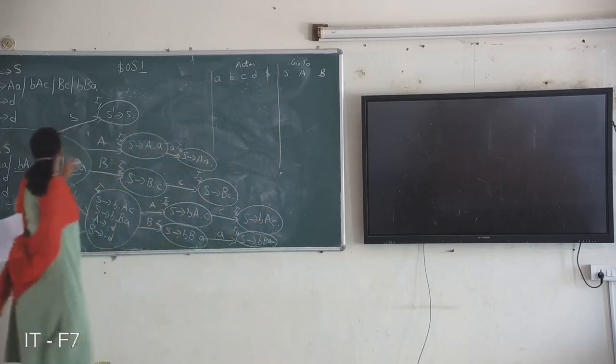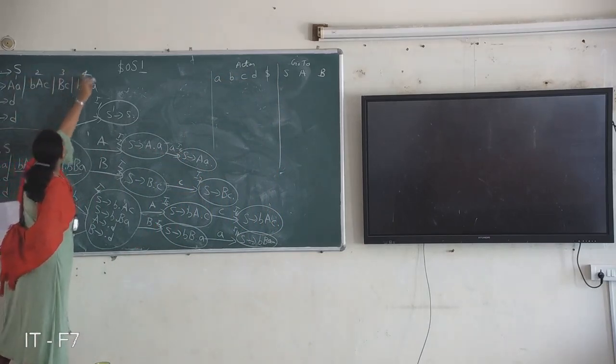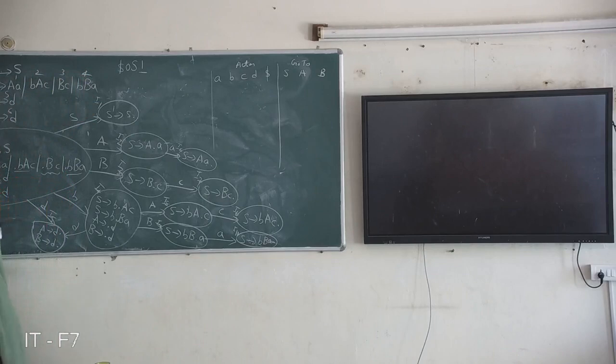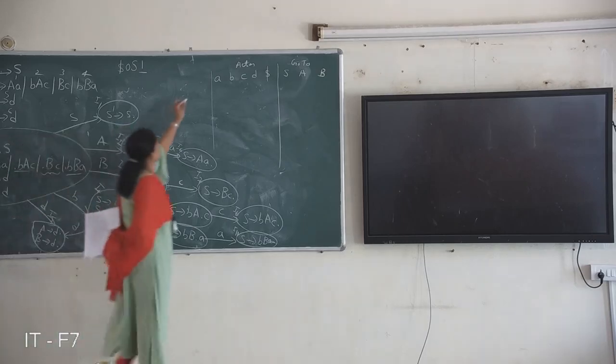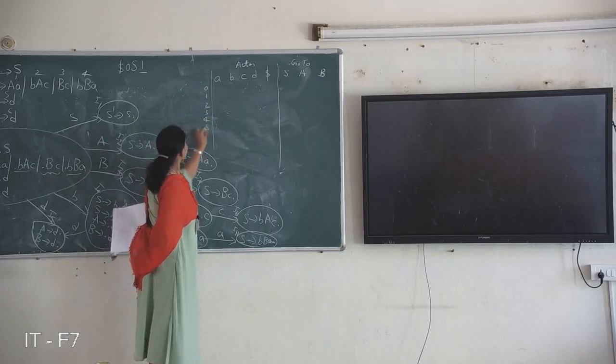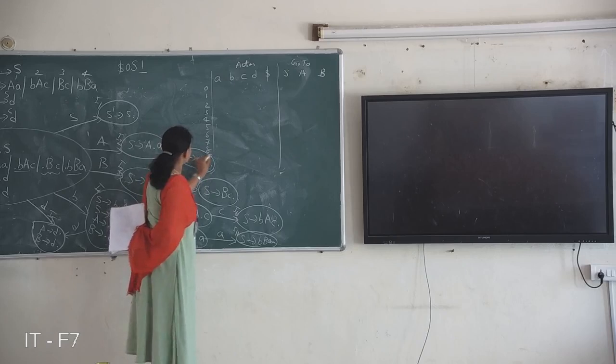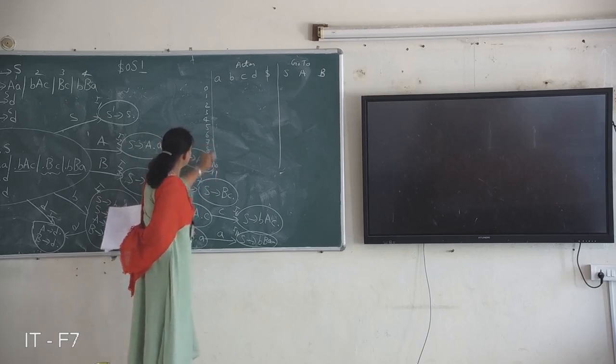And give production numbers. This is the first production, 2, 3, 4, 5, 6. Total 6 productions. And next write the states, 9, 10, 11. Total 11 states.